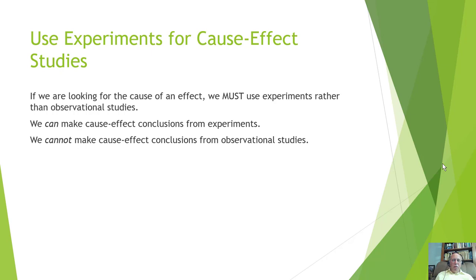Experiments can be used then to make conclusions about causes and effects. If we're looking for the cause of some effect, we must use an experiment rather than an observational study. We can make cause-effect conclusions from experiments, but we cannot make cause-effect conclusions from observational studies.